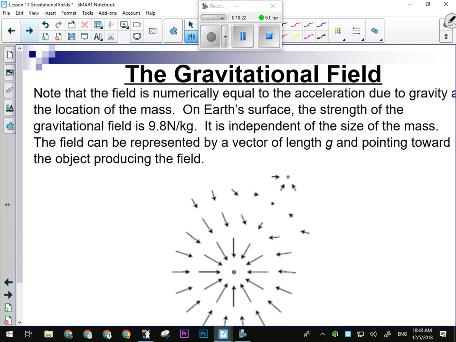The field strength is numerically equal to the acceleration due to gravity, but we actually get different units. If we do that calculation with big G times mass 1 over r squared, the units we get are newtons per kilogram. But if we look further, what are the units for a newton?